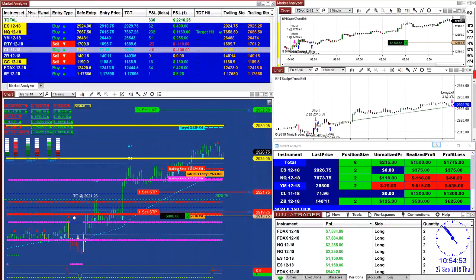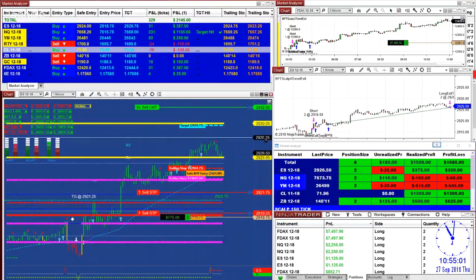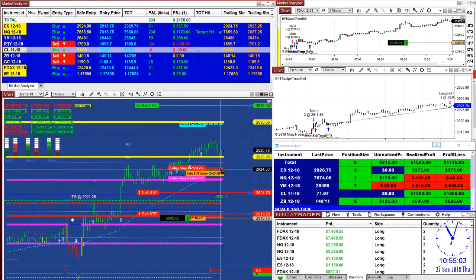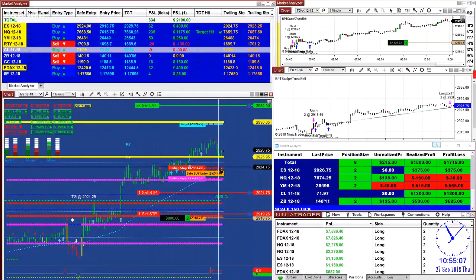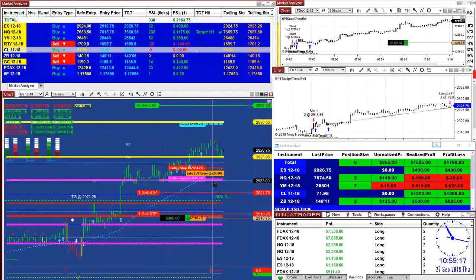Rigo, on the ES stop, yeah, if the ES is pulling back, going back to this number here, and you want to move your trend stop, you are on that trade. So move your trend stop.